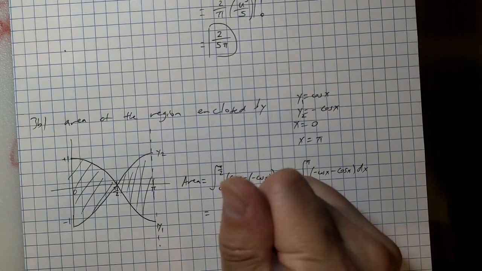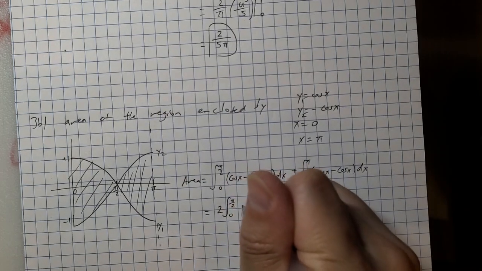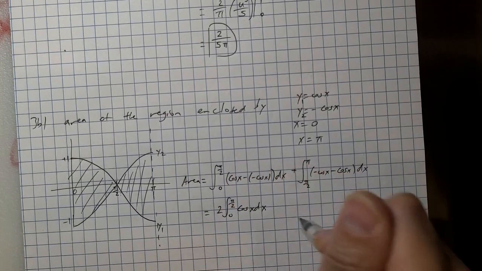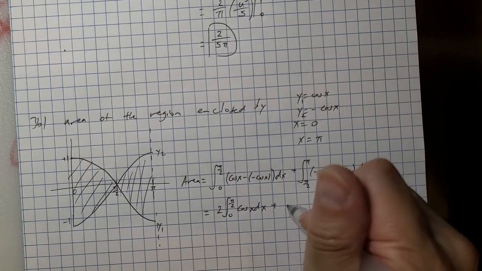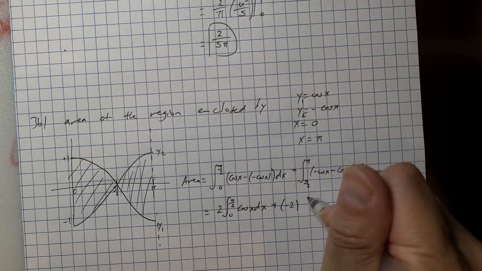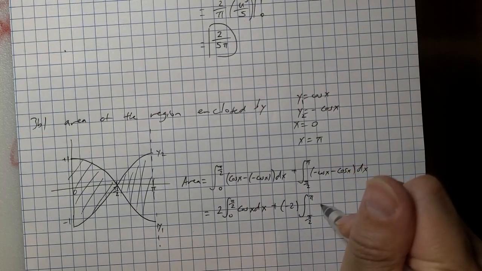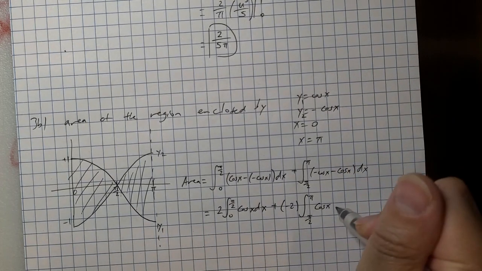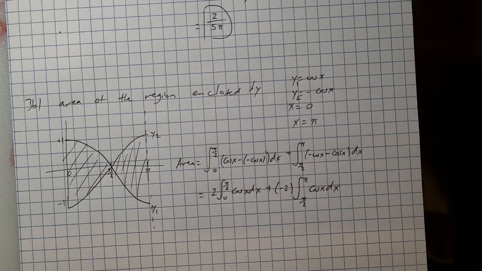So this is just 2 times the integral from 0 to pi over 2 of cosine x dx plus, this would actually be a minus 2 times the integral from pi over 2 to pi of cosine x dx. We evaluate this.